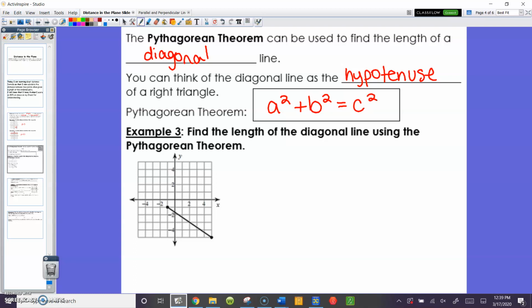So for example 3, we're going to find the length of the diagonal line using the Pythagorean theorem. Here we have a diagonal line, and we already know that the diagonal line is the hypotenuse, so I can go ahead and label this c. Now I just need a and b, which are the legs of the right triangle.